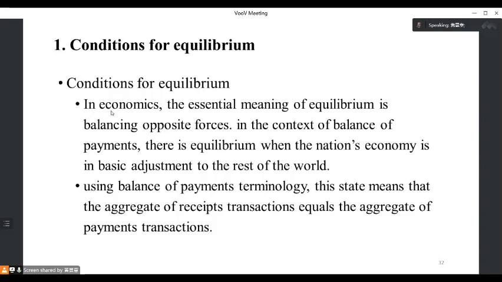In economics, the essential meaning of equilibrium is balancing opposite forces. In the context of the balance of payments, there is equilibrium between the nation's economy in basic adjustment to the rest of the world.